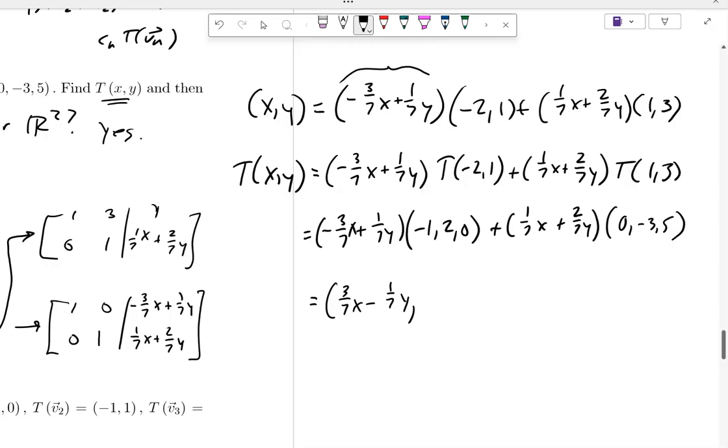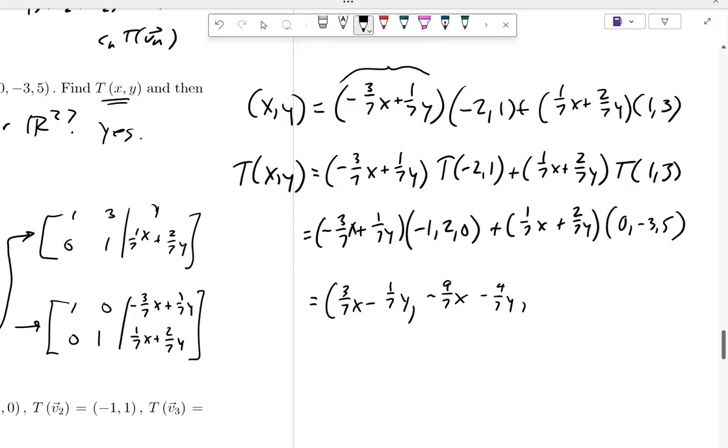What about the second component? Well, 2 times negative 3/7 is negative 6/7. And then I'll get a negative 3/7 when I do the second one, so I'll get a negative 9/7 x. 2 times 1/7 is 2/7 minus 6/7, so I'll get a negative 4/7 y in the second component.